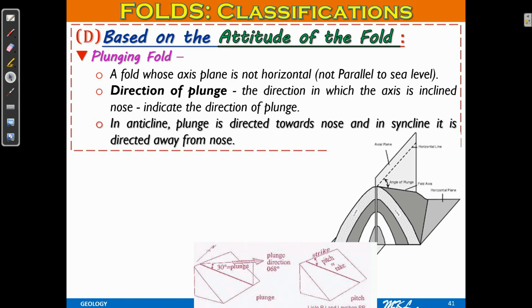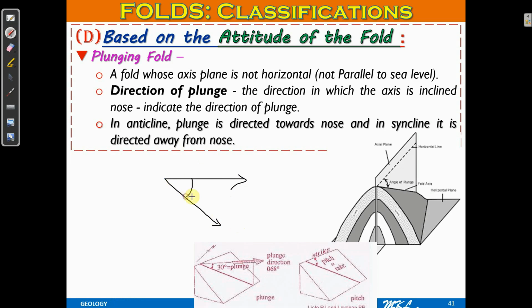First one is the plunging fold. A plunging fold is a fold which has an axial plane or fold axis inclined with respect to the horizontal line. If the fold axis is plunging, what do you mean by plunge? Plunge means, suppose this is the horizontal line and there is some inclination, any linear feature.